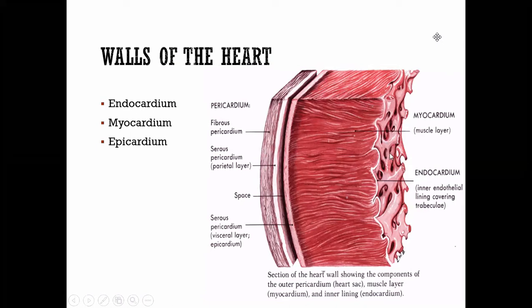And then you have your myocardium, from here to here. That would be your muscle layer. Then you will have your serous pericardium. And then you have your space, and then the parietal layer of your serous pericardium, and then your fibrous pericardium. All of these correspond to the pericardium.